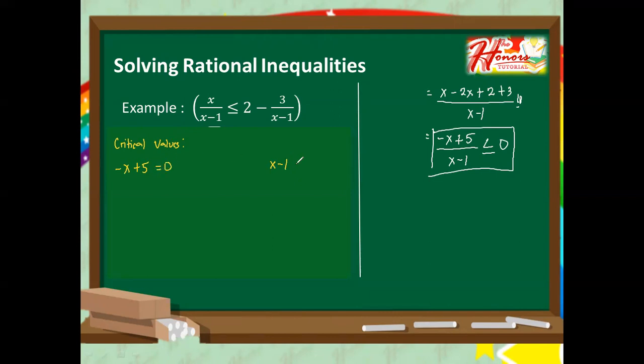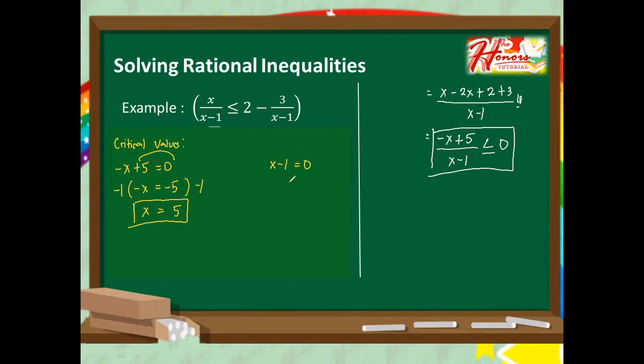So we have here negative x is equal to, transposing positive 5, negative 5. If you want to have a positive x here, which is our goal, please multiply both sides by negative 1. Negative 1 times negative x, that's positive x. Negative 5 times negative 1 is positive 5. So therefore, the first critical value is 5.